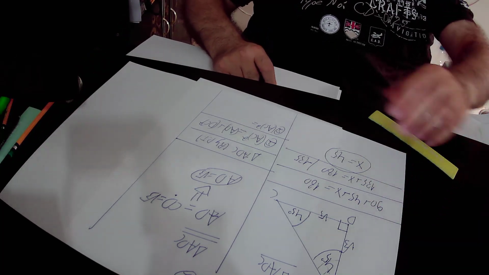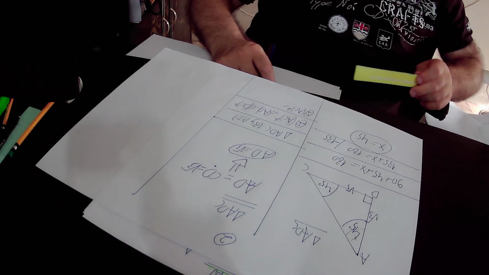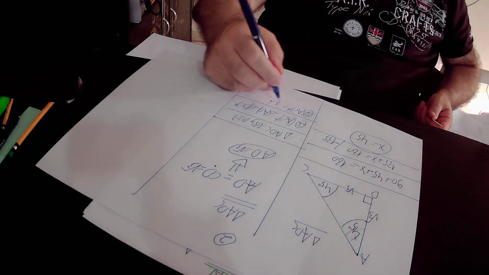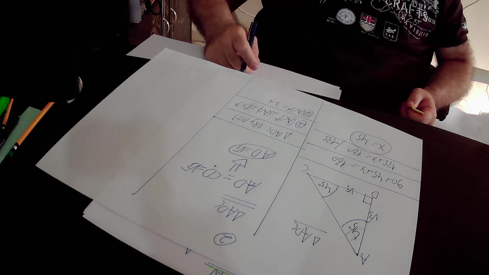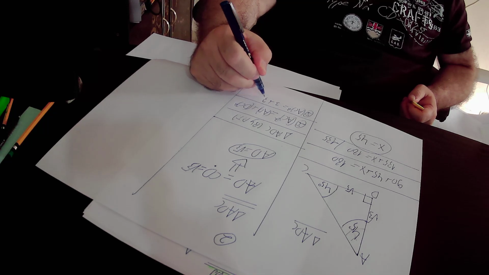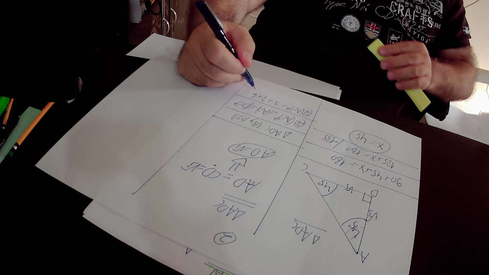AD is equal to square root of 3, therefore AD square is 3, plus DC square. DC also equals square root of 3, therefore DC square is 3. So in conclusion, AC square equals 3 plus 3, that is 6.